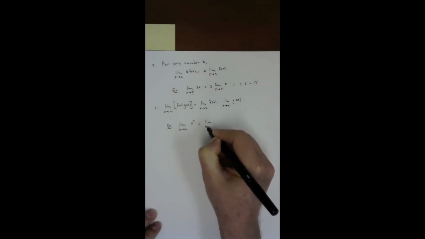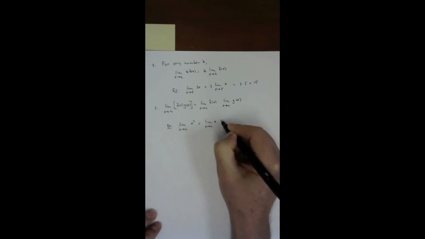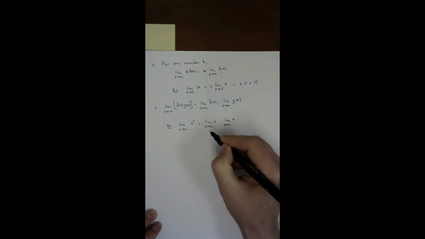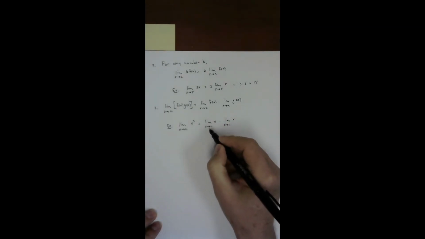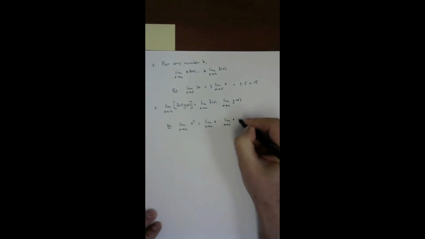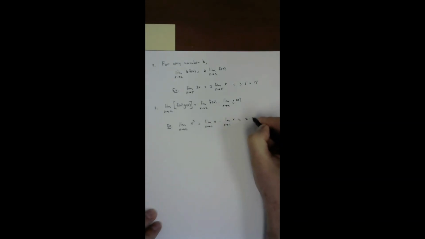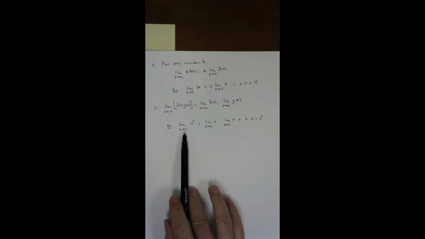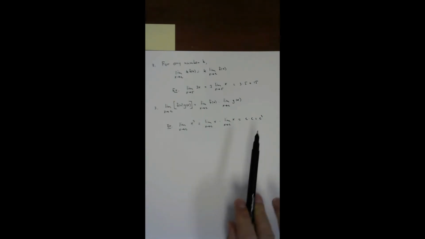This is the limit as x goes to c of x times the limit as x goes to c of x. Of course, we know that this is c. As x goes to c, x goes to c. So this will be c times c, or c squared. So looking back, this perhaps was kind of obvious. As x goes to c, x squared is going to c squared.